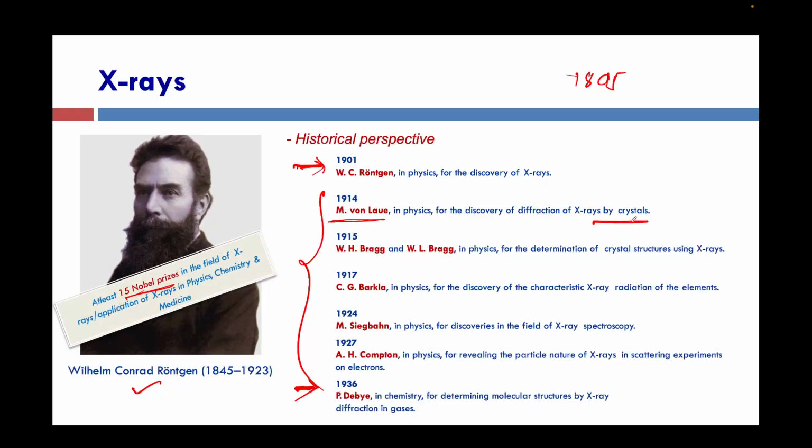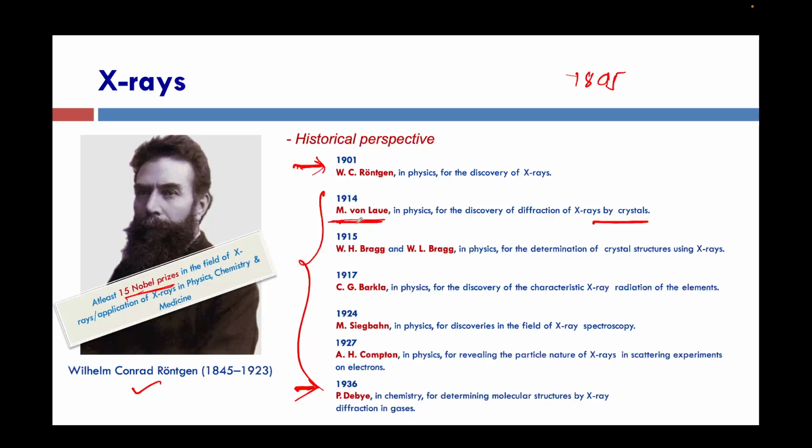Basically he was the first scientist to give us the knowledge that using X-ray we can get the different crystallographic nature of our materials. That is called Laue's equation. He has given three equations.